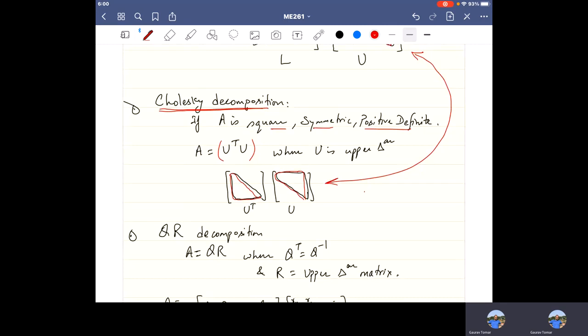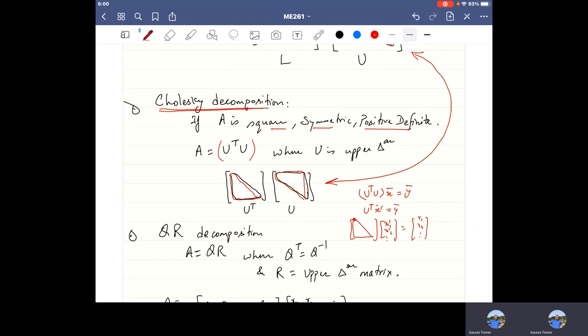You can say that you have, for example, U transpose U x equals y. If you had this set of equations, then you can say U transpose x prime is y. Now U transpose is a lower triangular matrix multiplying x prime, with components x prime 1, x prime 2, and so on, and the right hand side is y1, y2, and so on.